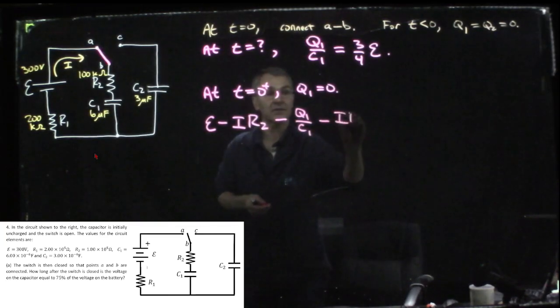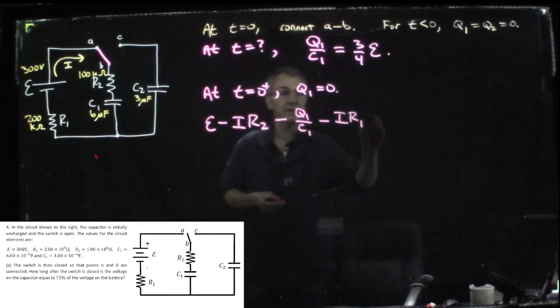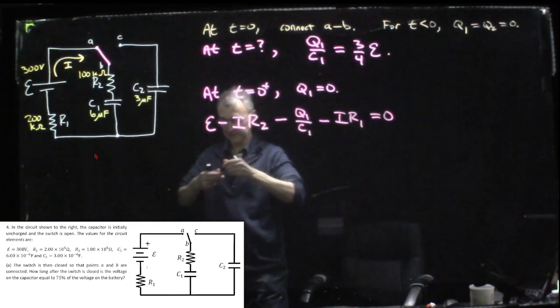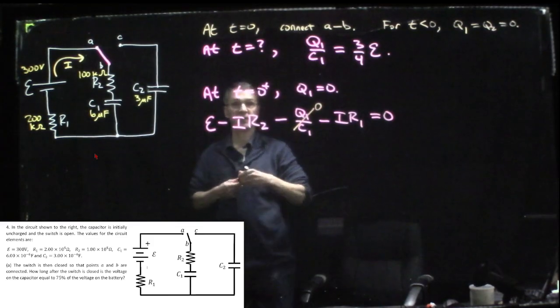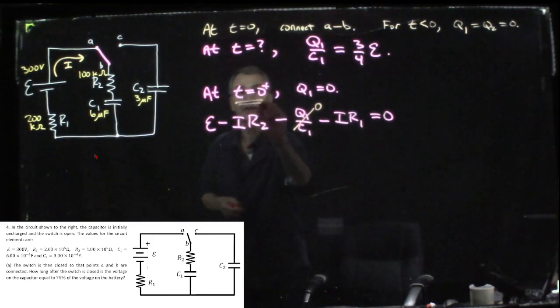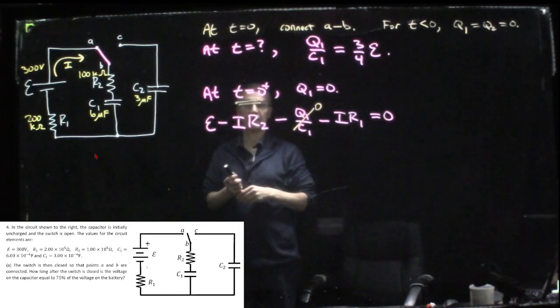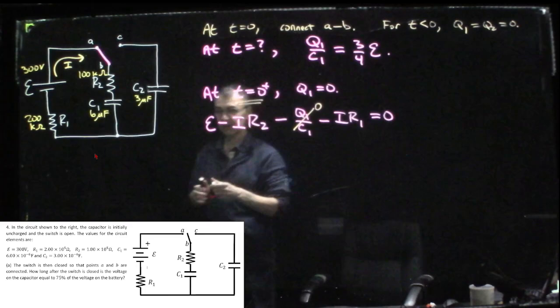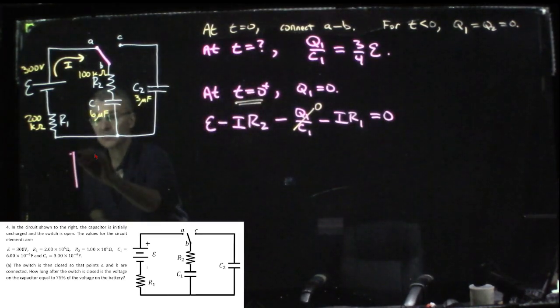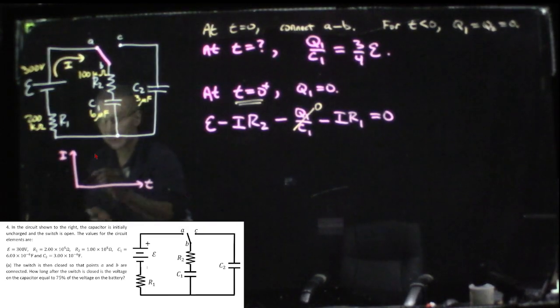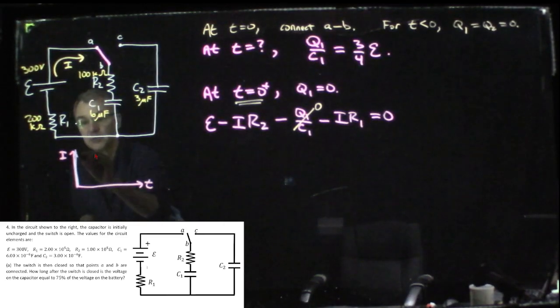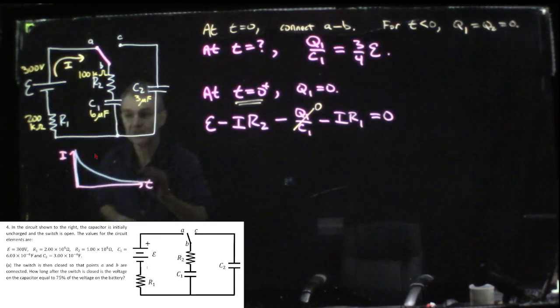minus IR1 equals 0. Okay, and this quantity is 0. So this is like the instant after we close the switch, because we're going to have, I drew this before, so if we have the current versus time, then that looks like some maximum value and then it exponentially decreases.